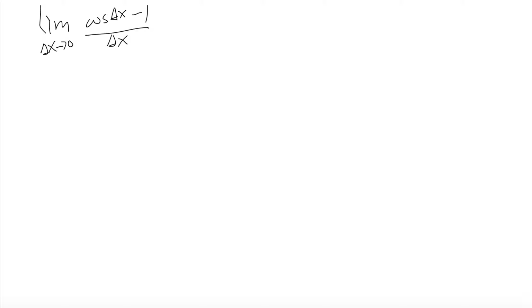So let's look at this. I think the only way you thought of to tackle this problem is to multiply cosine delta x minus 1 by its conjugate. We always try to multiply it by its conjugate. I don't remember which one of you gave me this very smart idea.